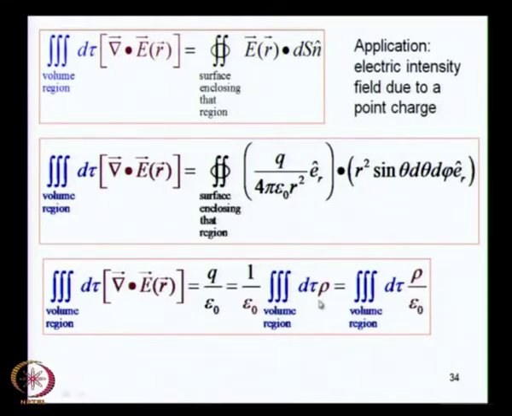So, you can think of this as the volume integral of the charge density, and then you can move this 1 over epsilon 0 once again inside the integral and make it a part of the integrand. So, you have a volume integral of rho over epsilon 0, and now you have these two volume integrals, the one on the extreme left which is the volume integral of the divergence of E, and on the extreme right which is the volume integral of rho over epsilon 0, and both of these are definite integrals.